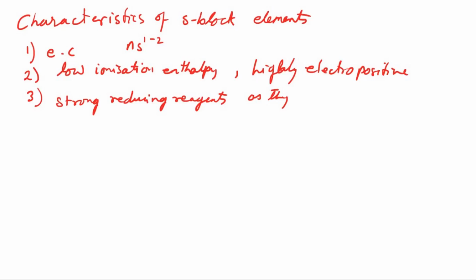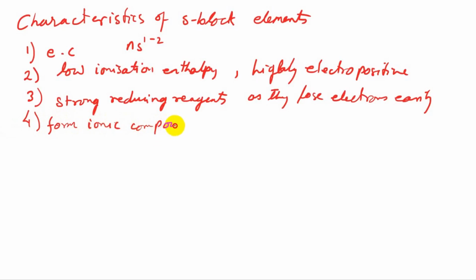As they lose electron easily, that means they are easily oxidized, isn't it? Then the fourth one, I told you last day also, they easily form ionic compounds.